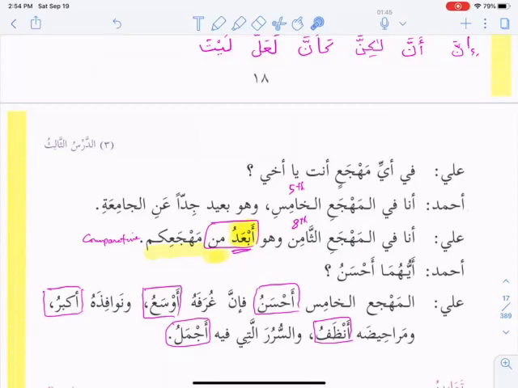Ali says, Al-Mahja'ul Khamisi, Ahsan. It is more beautiful.